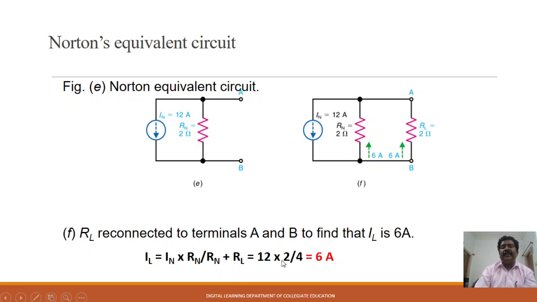Substituting the values, 12 into 2 divided by 4 ohms is equal to 6 amperes of current, that is the load current. Like this we can solve Norton's theorem with different problems, solving IN and Rn, simplifying, and finally calculating the load current or load voltage, whatever you want.